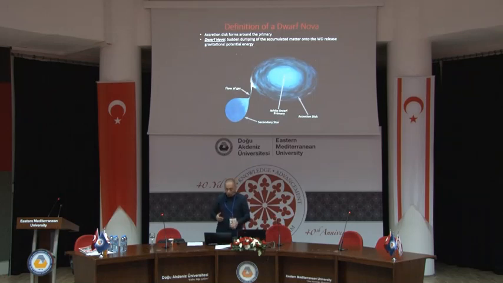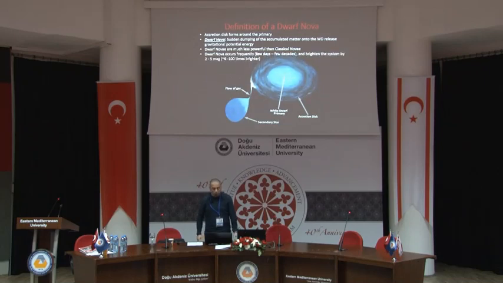We call them Dwarf Novae eruptions because they are not as powerful as their cousin, classical nova, which is another class of cataclysmic variables that is a really powerful event due to the thermonuclear origin of the eruption. The recurrence of Dwarf Novae is from a few days to a few decades, and they can brighten the system by 2 to 5 magnitudes, which corresponds to 6 to 100 times in brightness.